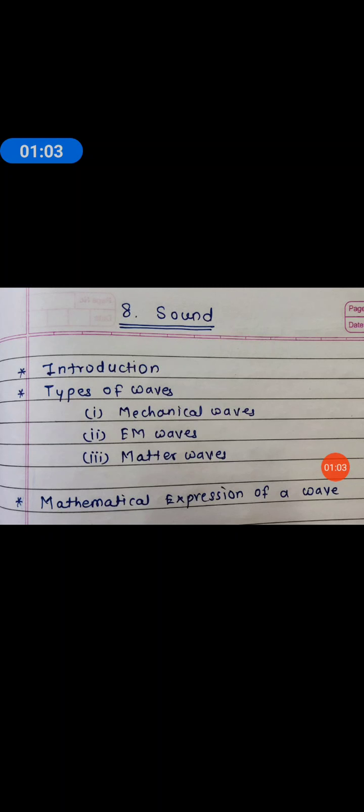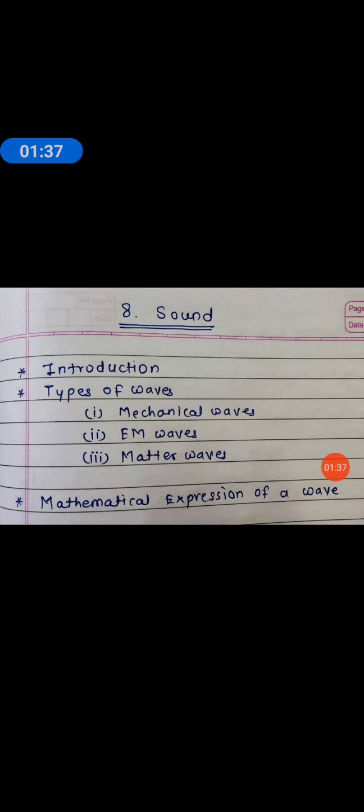The wave is a periodic and regular disturbance in a medium which does not cause any flow of material but causes the flow of energy and momentum from one point to another point. In simple words, a wave is an oscillatory disturbance traveling through the medium.